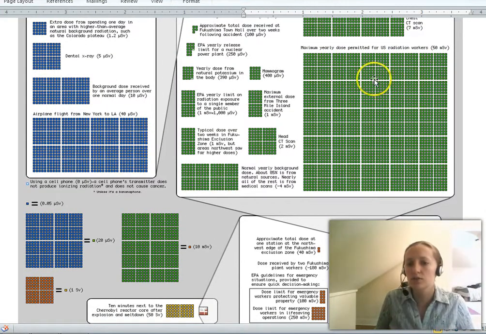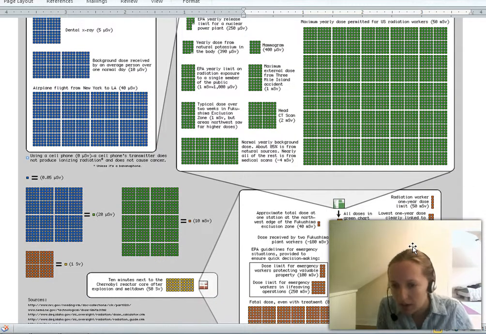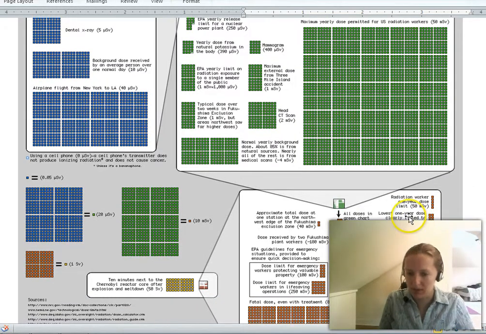So this dose here, if you doubled that, is clearly linked to an increased risk of cancer. So they've got the amount allowed for radiation workers set equal to half of what we know will increase your risk for cancer. So that's not too bad. So that's 100 millisieverts.